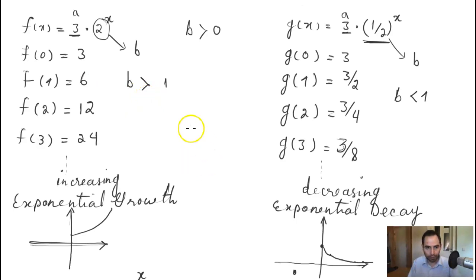You have your starting point, your y-intercept basically, and then you input other inputs and see where your graph goes, and then just draw the graph of the function.